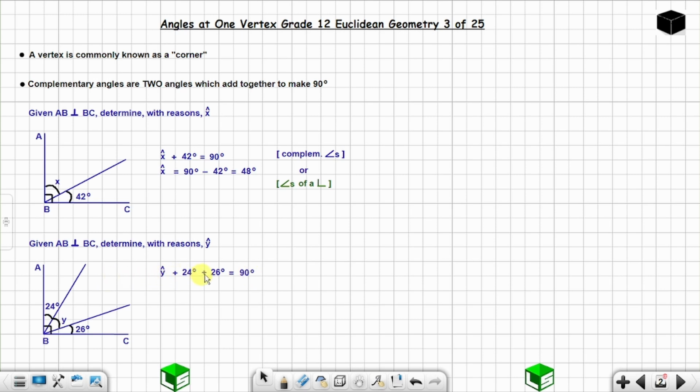You have three angles equal to 90 degrees. So the reason is angles of a right angle.